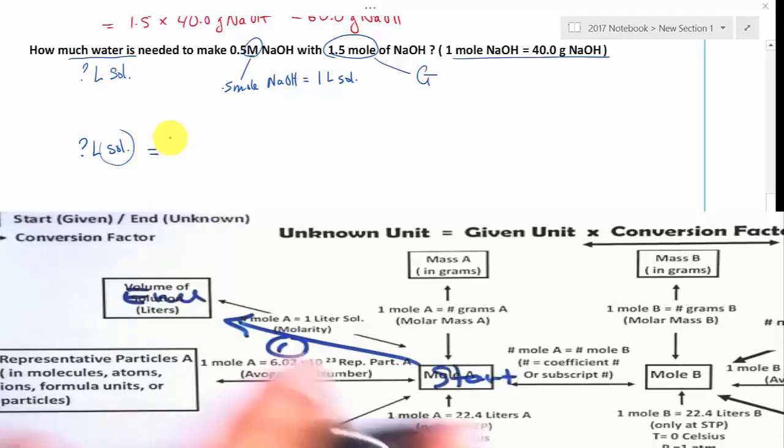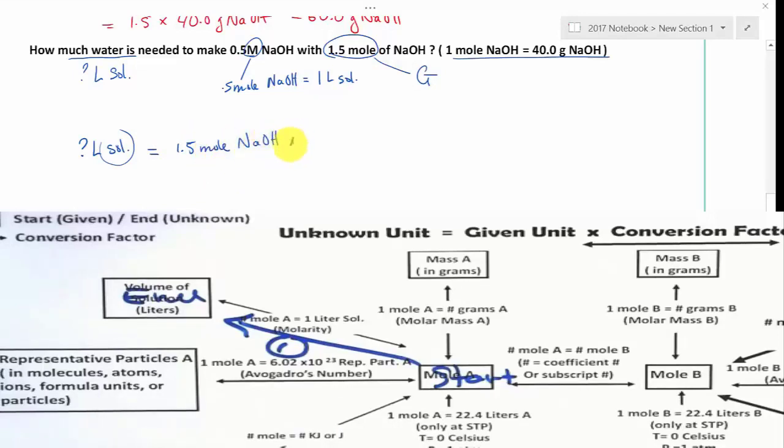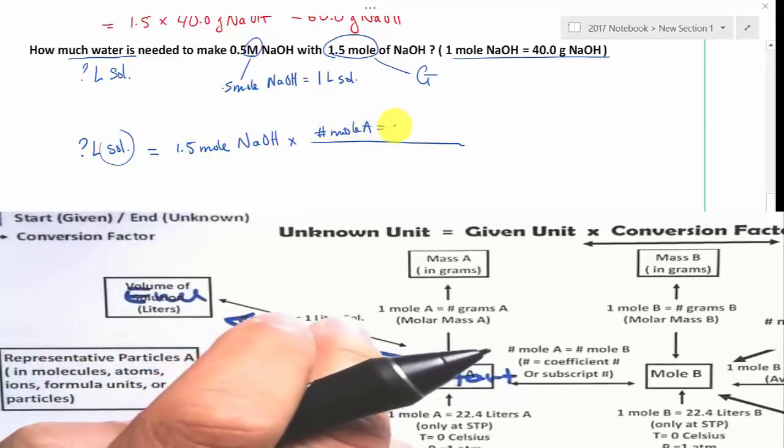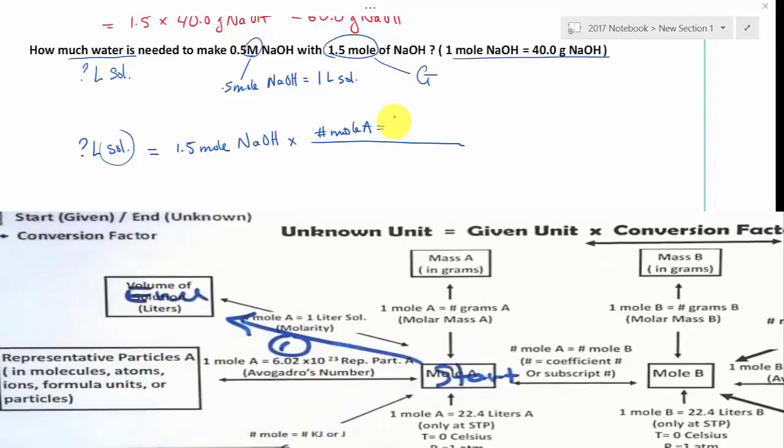And that is equal to the given, which is 1.5 moles of NaOH, times the conversion factor, which is number of moles of A, equal, that's the molarity concentration right there, equal to 1 liter of solution. Okay, and do we know what that number is going to be? Of course, it's given to us right there. It's actually equal to 0.5. And that's it. That's all we have to do.